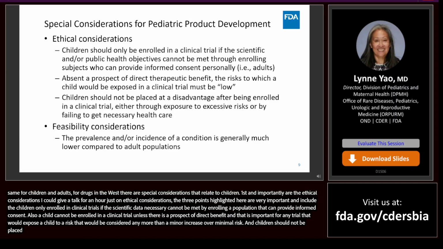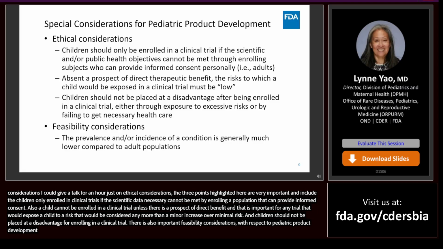There's also important feasibility considerations with respect to pediatric product development. And this is, I guess, a good thing for children, and that is that generally children are healthier and the prevalence or incidence of disease in many pediatric populations is lower than that seen in that same disease in adults.